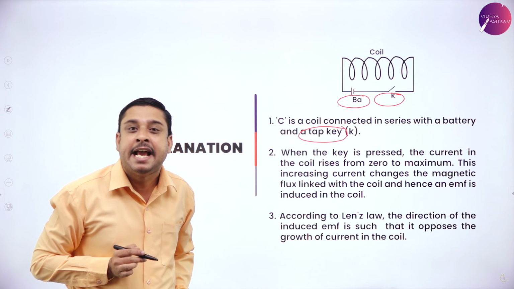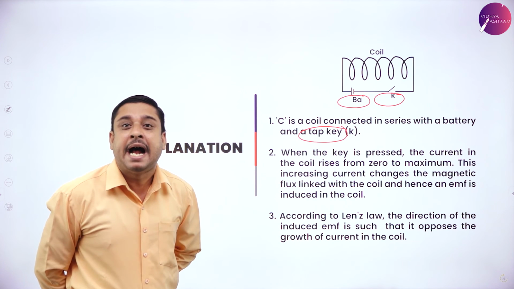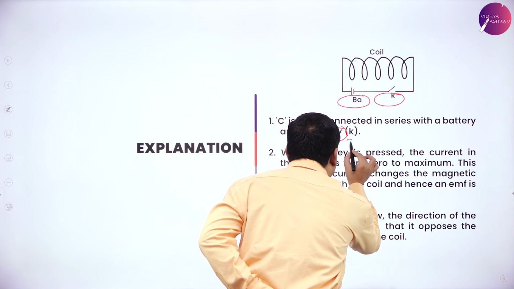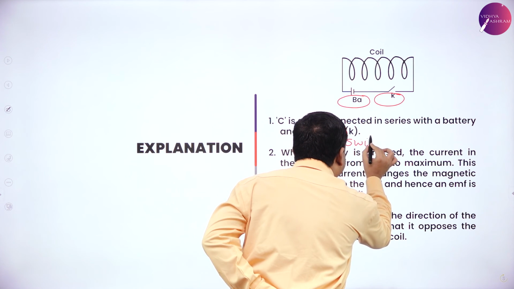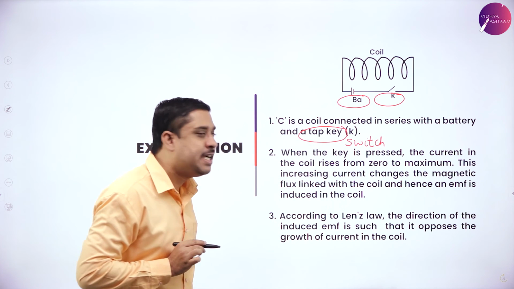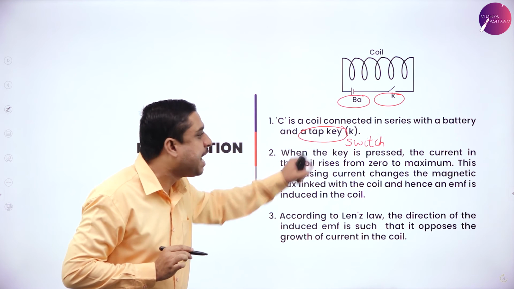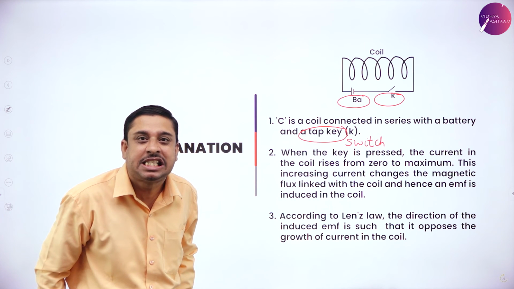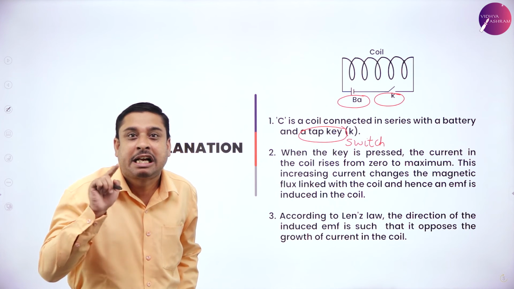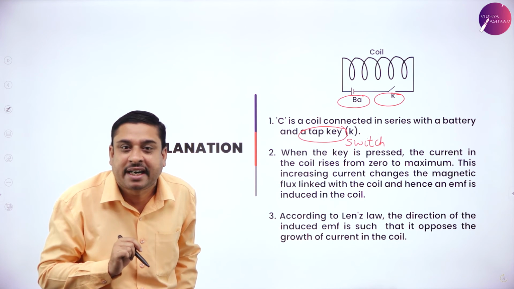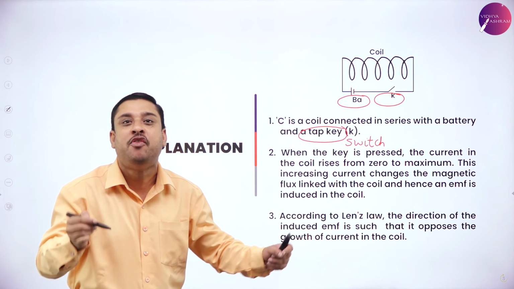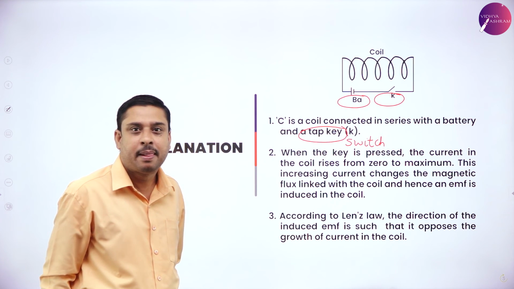K is called as a tap key, which actually works as a switch. So understand, students, the tap key functions as a switch. We switch on, current flows in the circuit. We switch off, there is no flow of current.